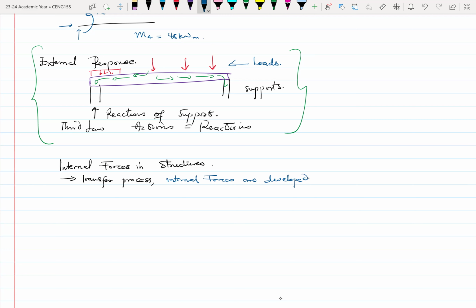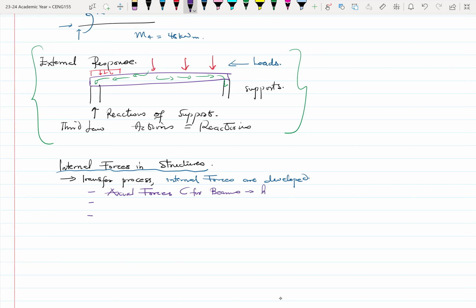We define these internal forces as three. We have the axial forces. For beams, they are horizontal, right?